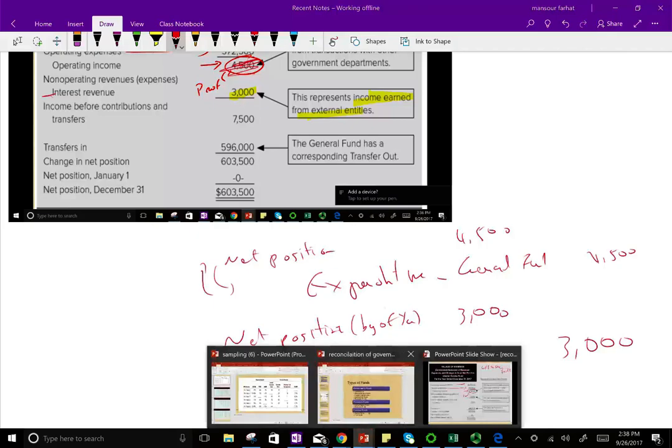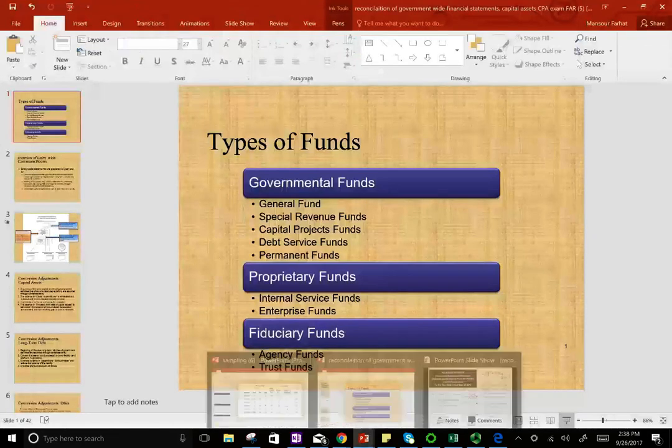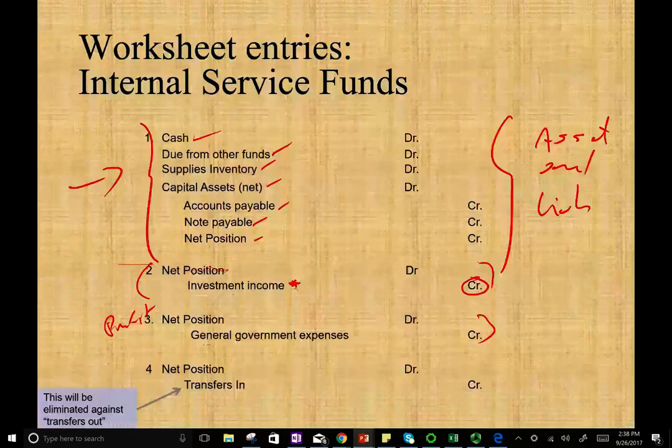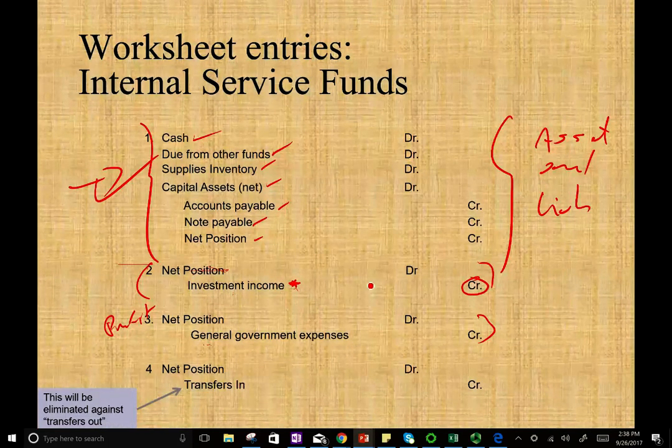Okay, so basically what we did up to this point, we added the assets and the liabilities, we added the investment income, and we eliminated the governmental expenditure.